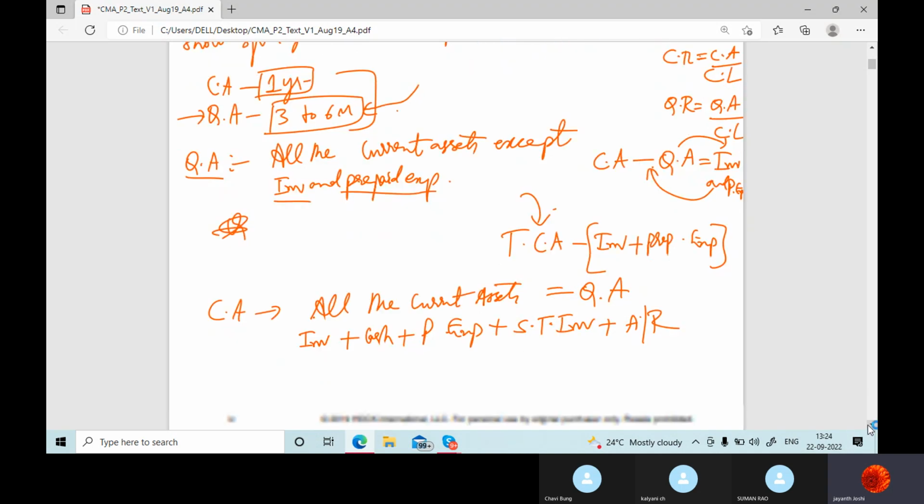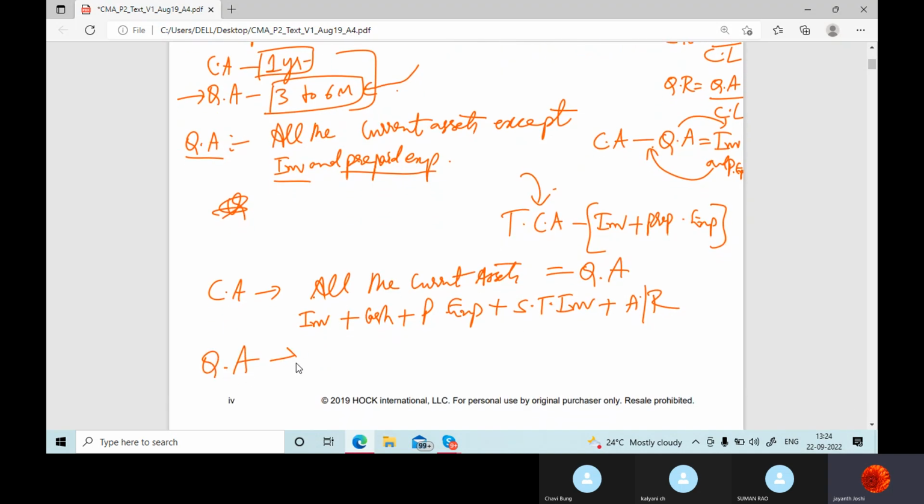Okay, so when I write here quick assets, your current assets would be filtered now. Filtered in the sense some impurities I'm going to eliminate from current assets to get quick assets.